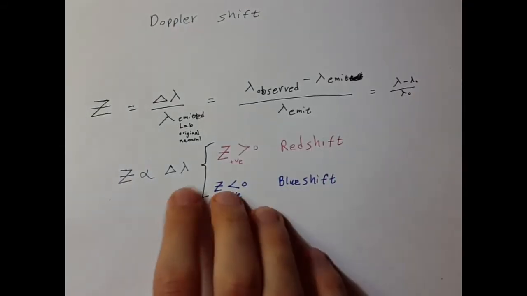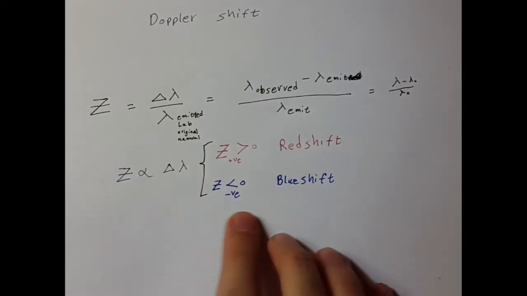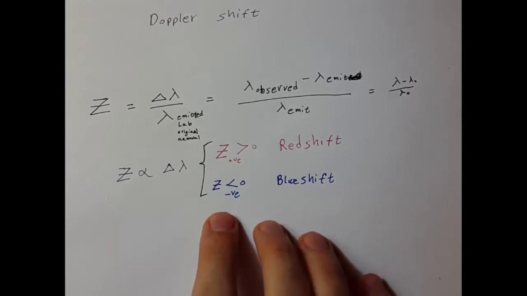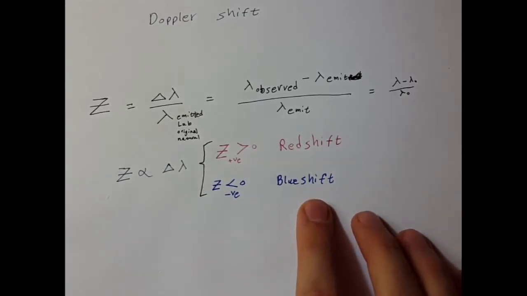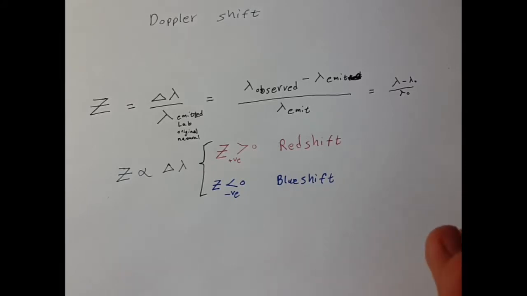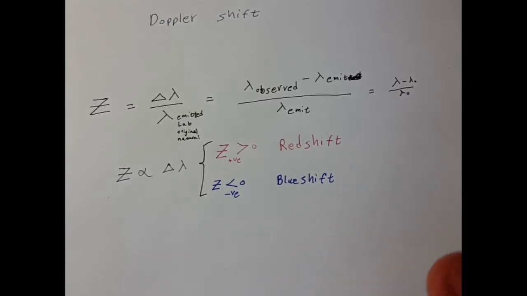If our observed wavelength was smaller than what was emitted, z would be less than 0, and we would get a blueshift, which means the galaxy the light was coming from was moving towards us.